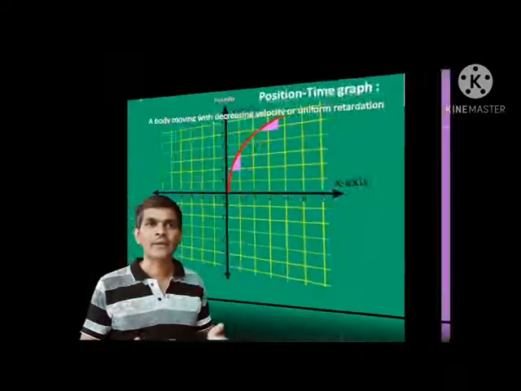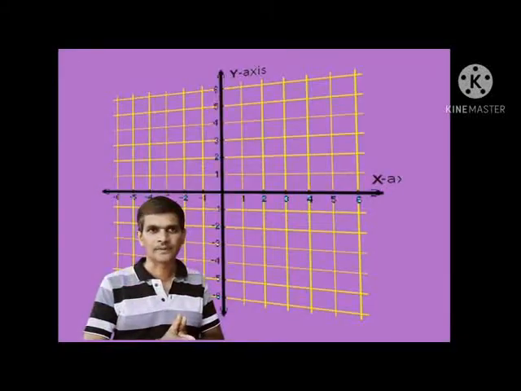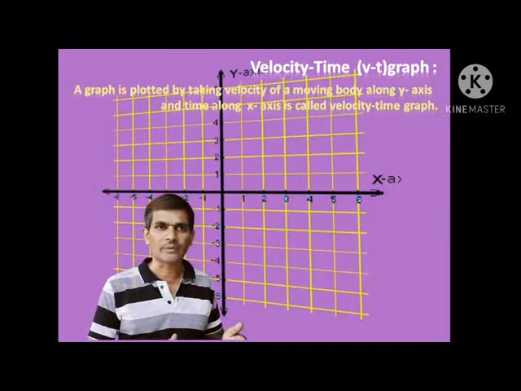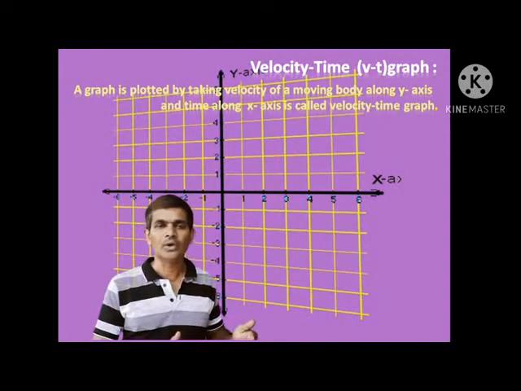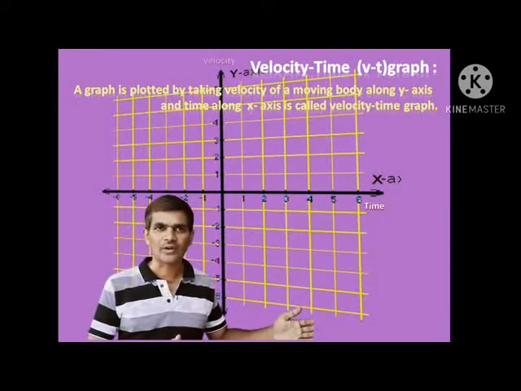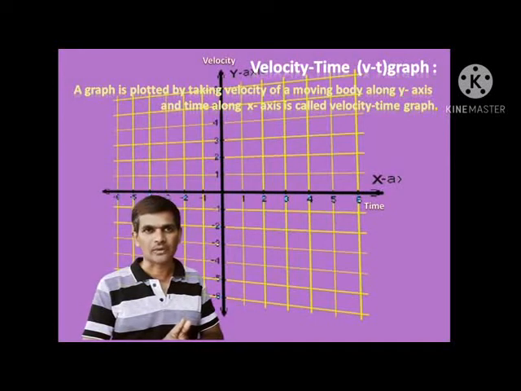We have a velocity time graph. A graph plotted by taking the velocity of a moving particle along the y-axis and time along the x-axis is called a velocity time graph.